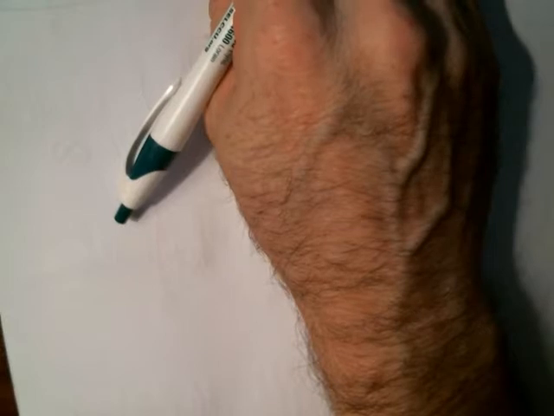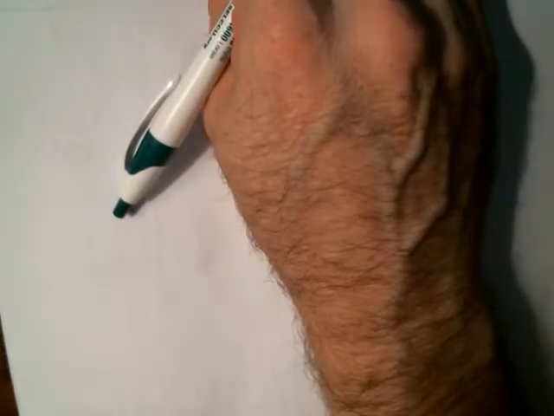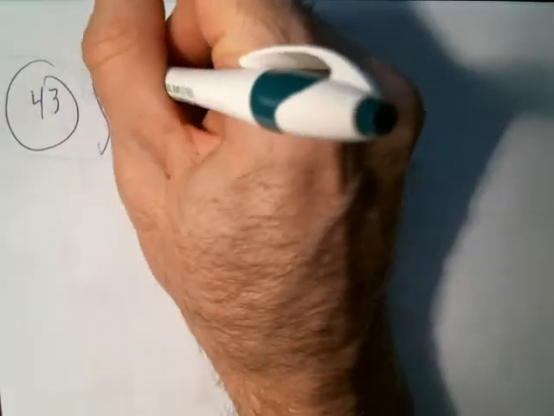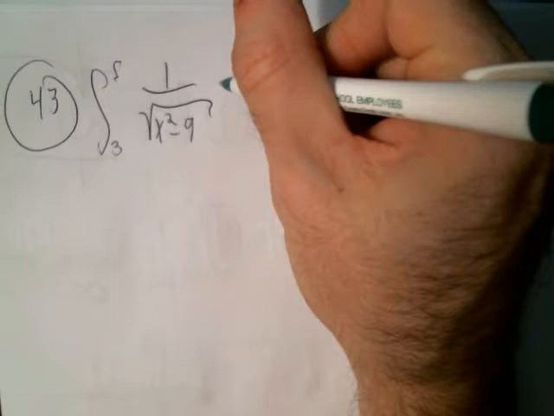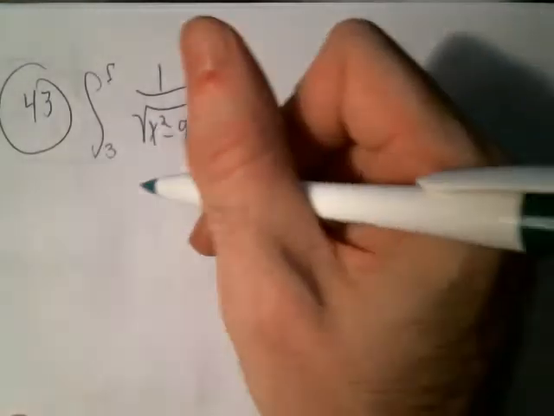All right. So let's look at, sure, let's look at 43. So the integral from 3 to 5 of 1 all over the square root of x squared minus 9 dx. Okay. The discontinuity is at 3 this time.